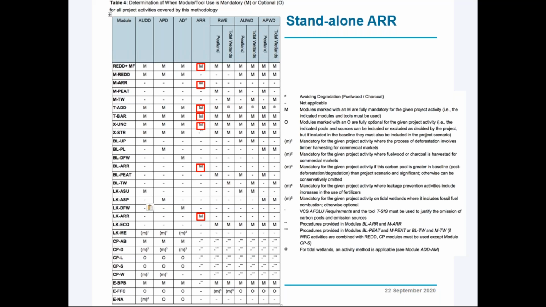So this complex methodology with all the modules can also be used for just ARR. And these are then the modules that you would choose. So it's the framework module, and there is the monitoring and the baseline modules for ARR. You have some tools, additionality, uncertainty, and leakage.